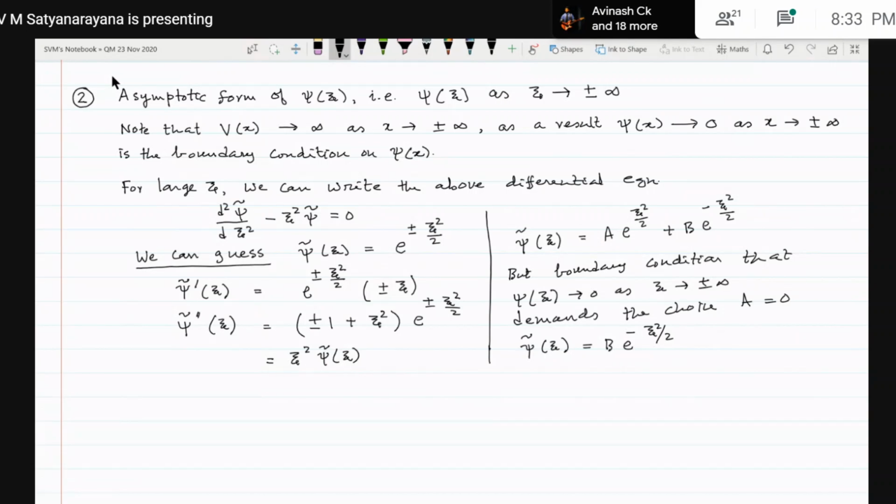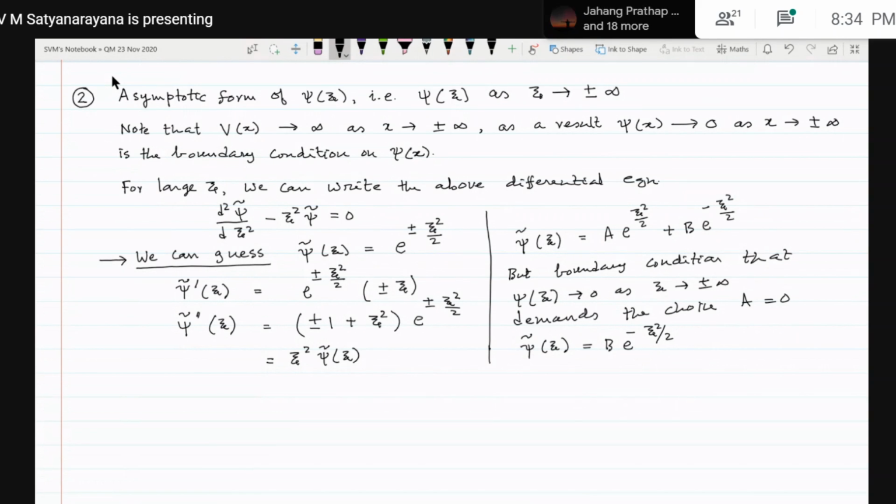Say we will be able to guess, and if you are not able to guess what to do, we will think about it later. So what we are doing here is guessing and then verifying. If your verification shows that this is not a solution, then you go back and make another guess. And this is an official procedure of solving differential equations.